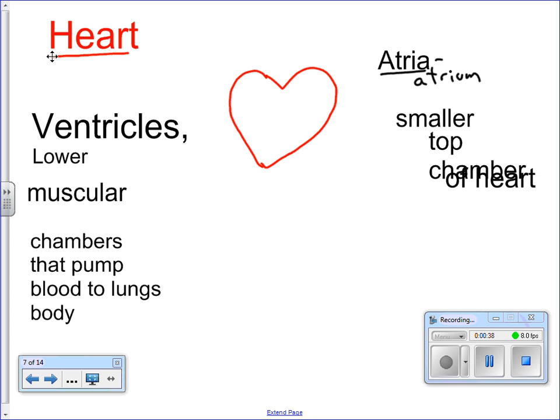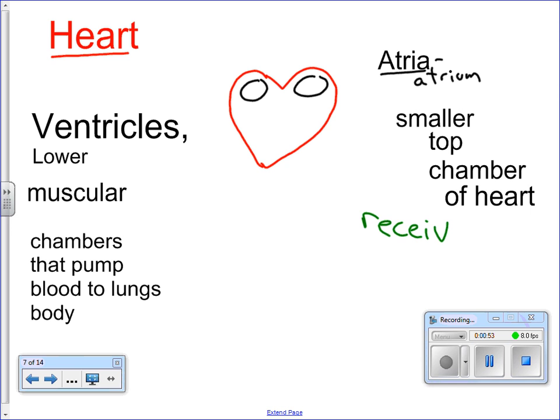Oops, all my words fell apart. And what do the atria do? The atria do what? They carry blood. Where's the blood coming from?